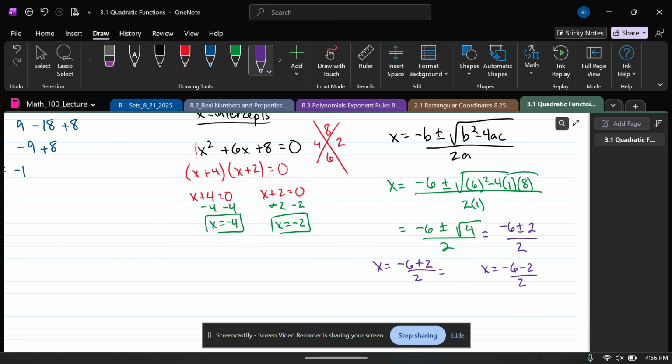So that's -4 over 2, so that's -2. That's -8 over 2. That's -4. Same two answers, but finding it with quadratic formula instead of factoring.